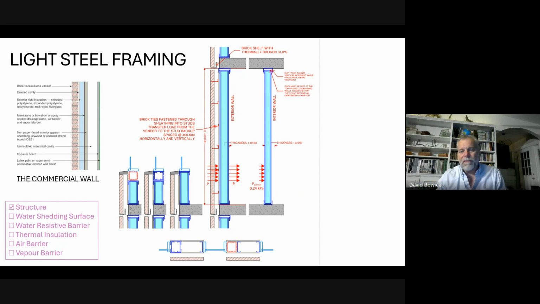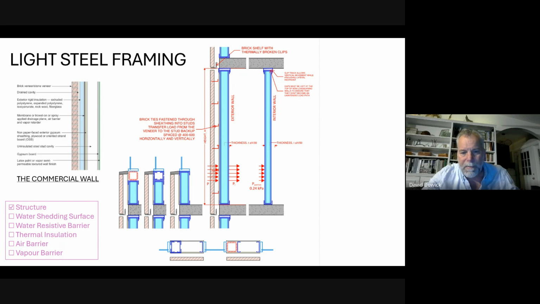So light steel frame building often has steel in it, and the steel is put into the project where needed, where the demand exceeds the capacity of the light steel framing. Down at the bottom here, you can see a plan detail, and similar to the sill detail, for a small opening, we just might have a simple stud.